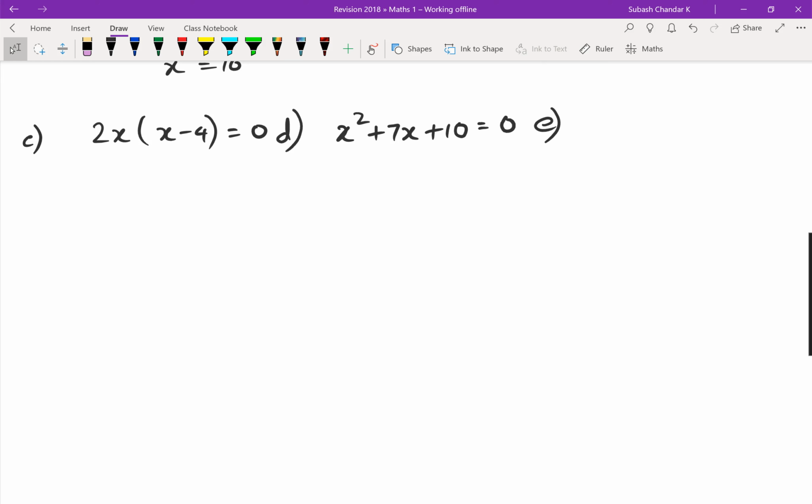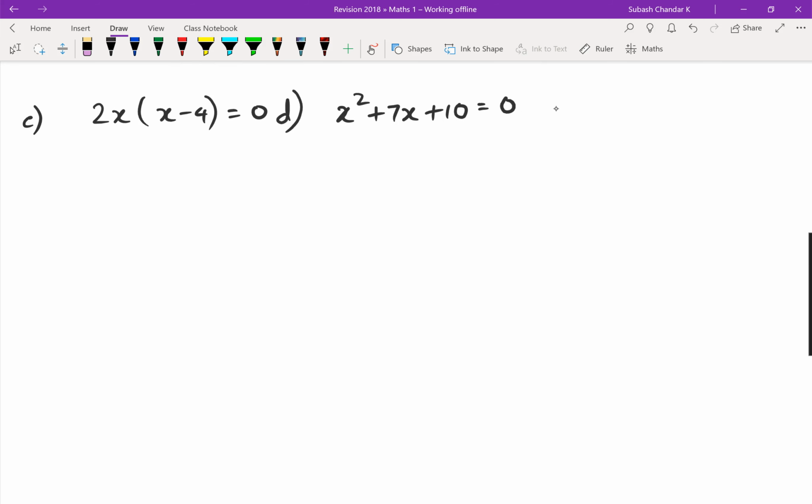Now I want to do one more. Okay, question C and D, I'm going to show you guys 2 ways. The first method I'm going to show you is the standard that we always do. The other one I'm going to show you is the quadratic method that I showed you guys yesterday, the formula.